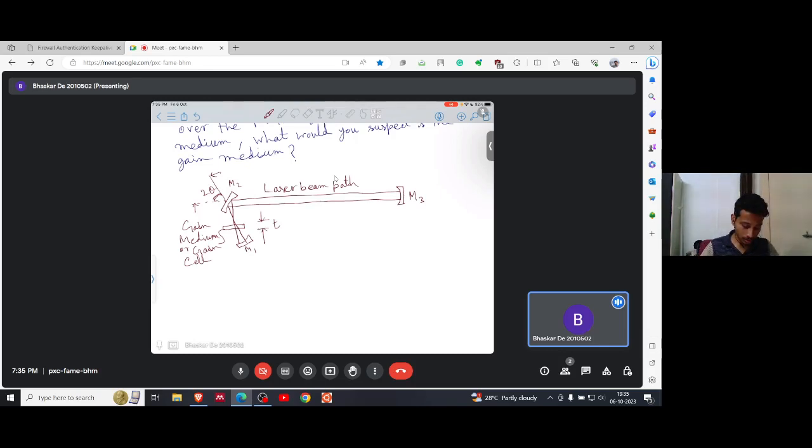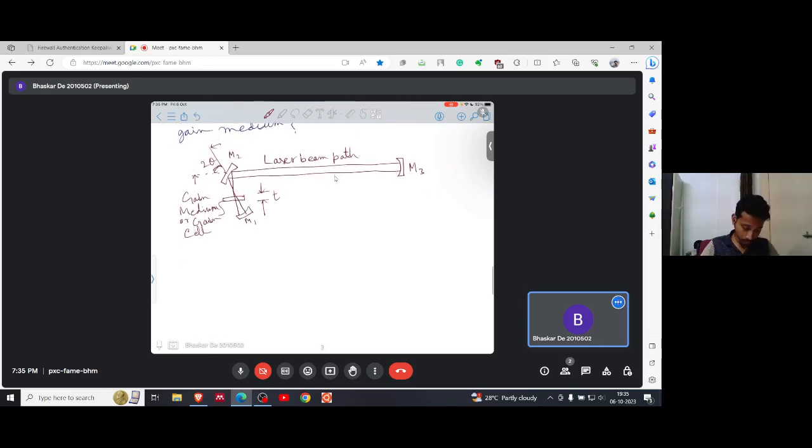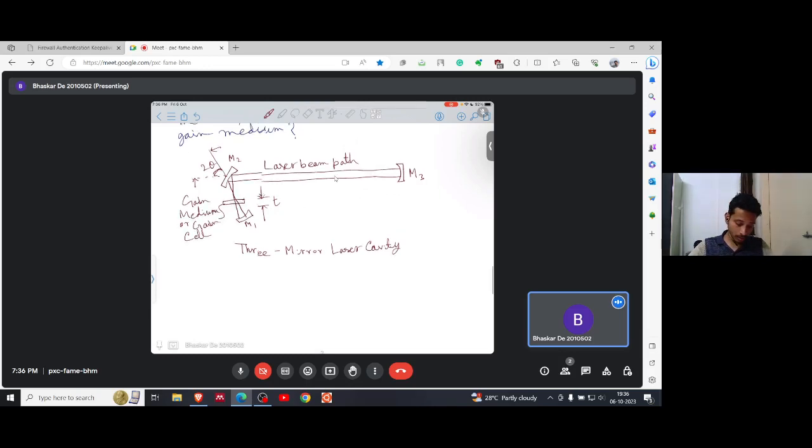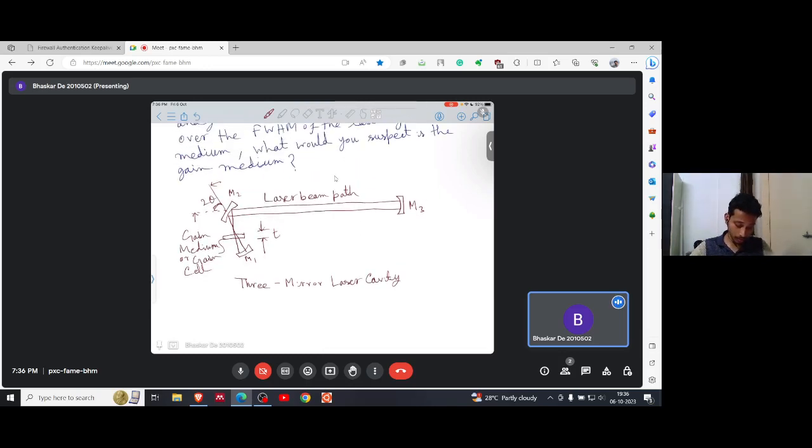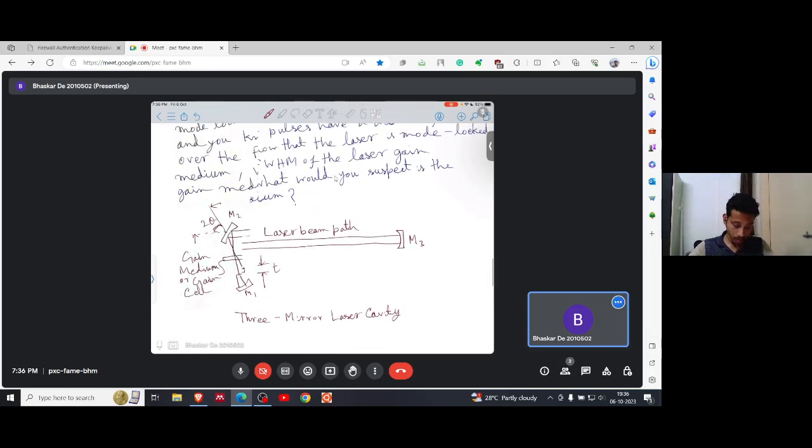So this is the 3 mirror laser cavity. Here you can see there are 3 mirrors, M1, M2 and M3.